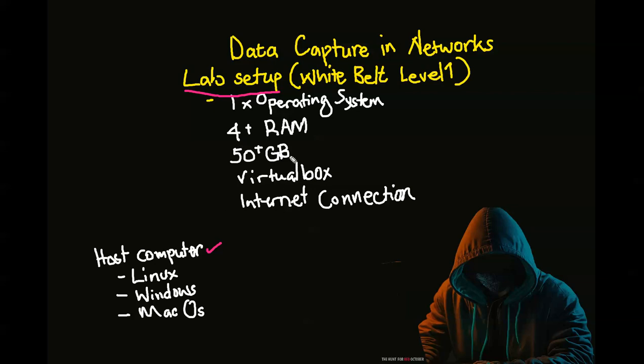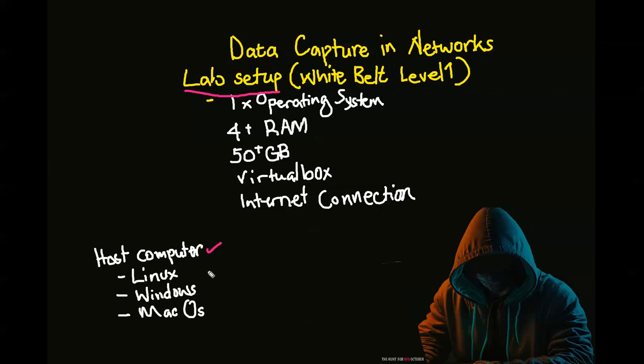Then there should be 50 plus gigabytes of hard disk space on the computer on which we are going to install VirtualBox. When we install the VirtualBox application, we also want that computer to have an internet connection.